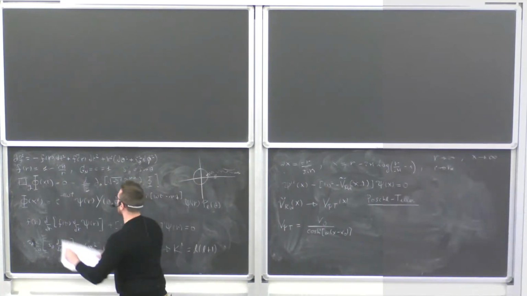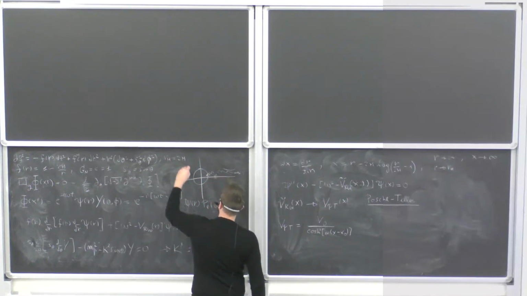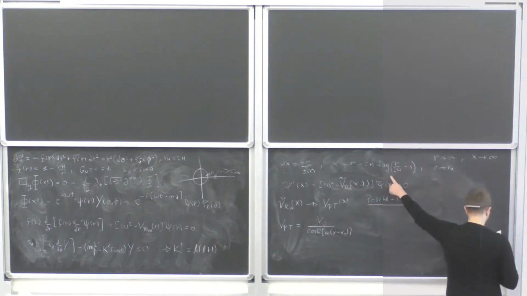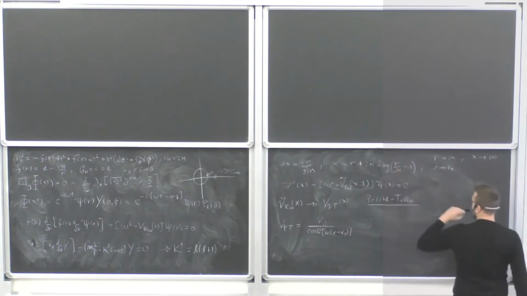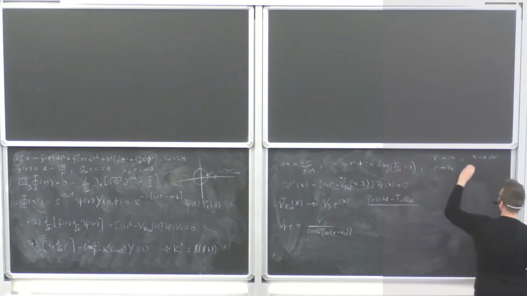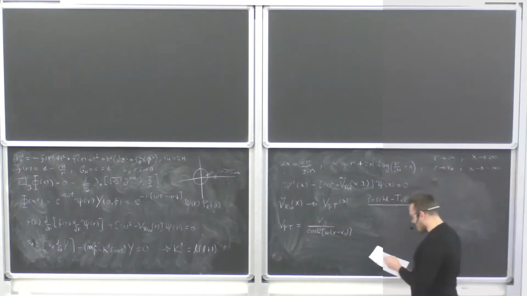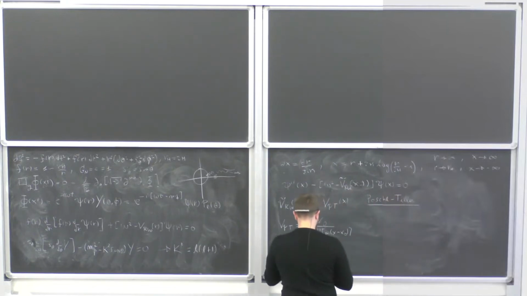So the horizon r_H is equal to 2m. From this change of coordinates, you can see that when, sorry, there is a plus here. When r goes to 2m, x goes to minus infinity. Okay, so this is another nice feature of these coordinates.